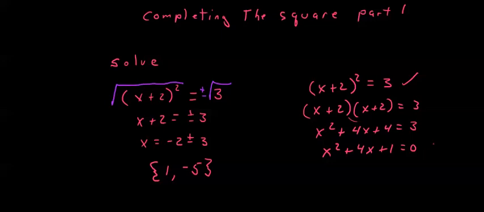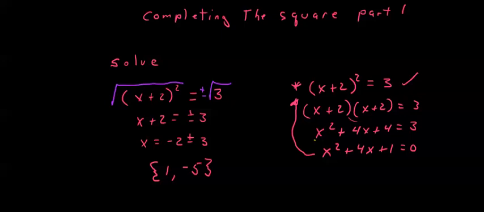Now, how do we take this equation and write it like this? How do we go backwards? Because I'm going to give you the equation in this form. Well, notice that right here, we have a perfect square trinomial. We talked about them when we talked about factoring.